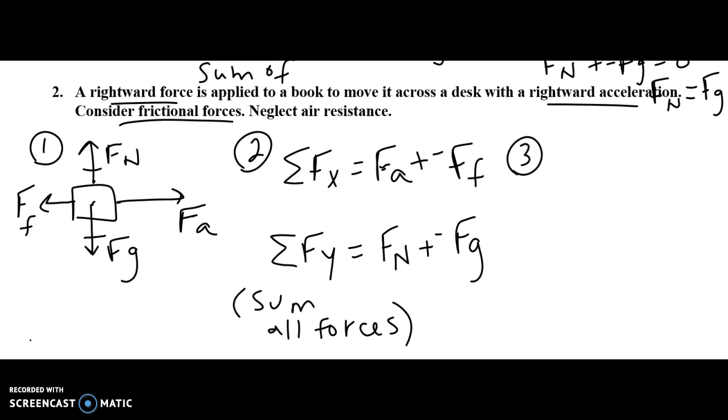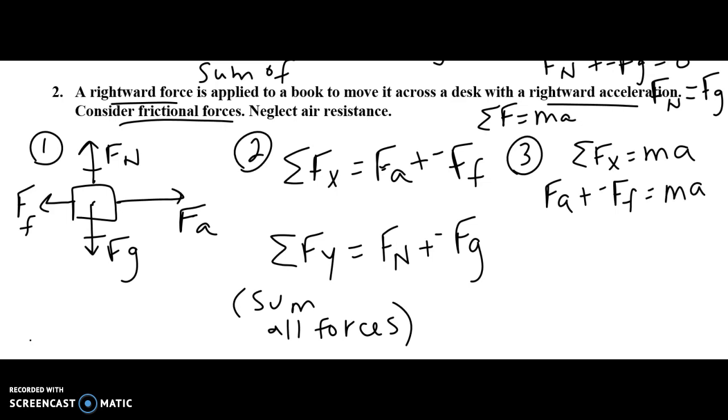My third step is to put these into Newton's second law. We know that Newton's second law is the sum of F equals ma. In the x direction, my net force is Fa plus negative Ff equals ma. It is accelerating in the x direction.